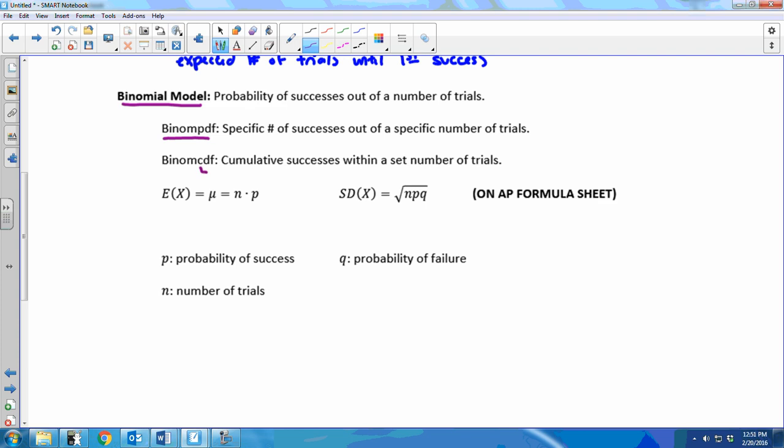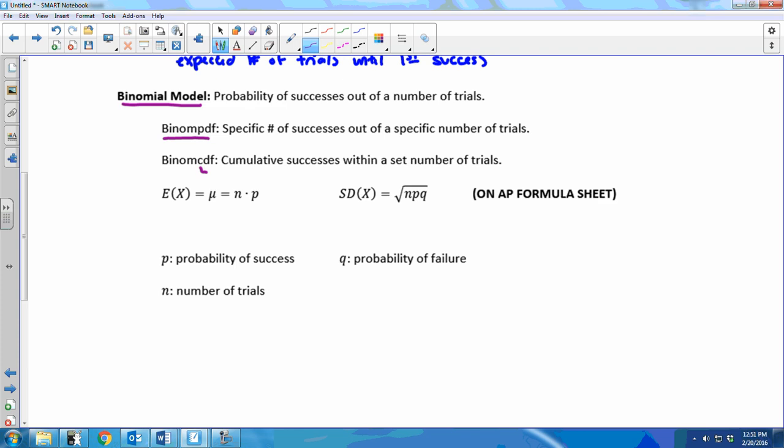It's cumulative. So what's the probability that he or she makes at least 7 free throws out of 30? Remember, at least means you're adding things together. So that's multiple probabilities you need to add together. So at least you would do 1 minus the probability of getting 6 or less. Remember, cumulative adds up from 0.